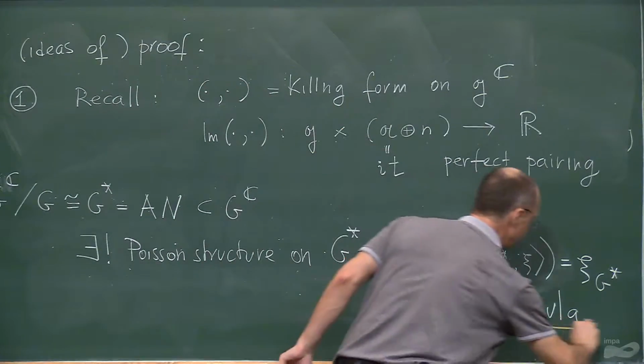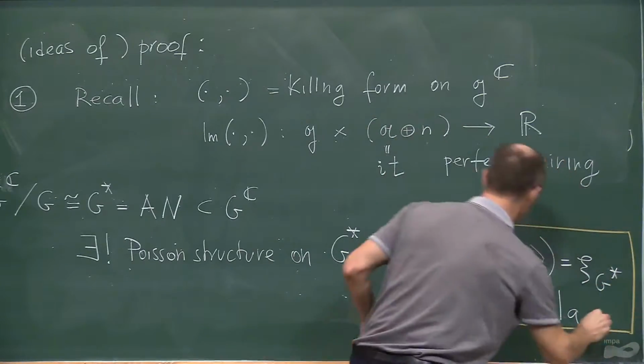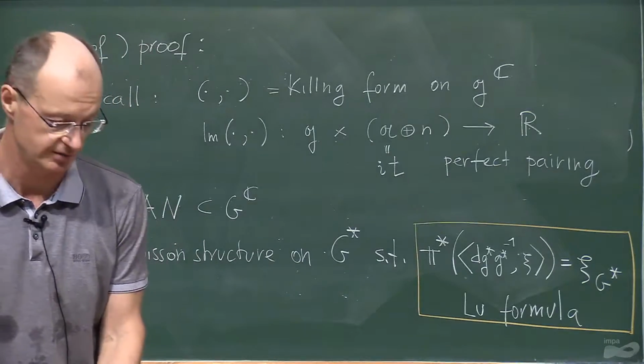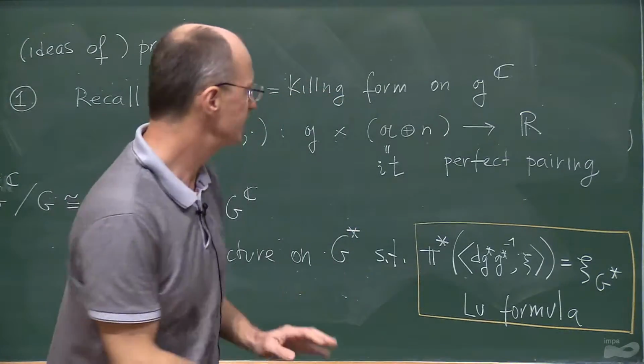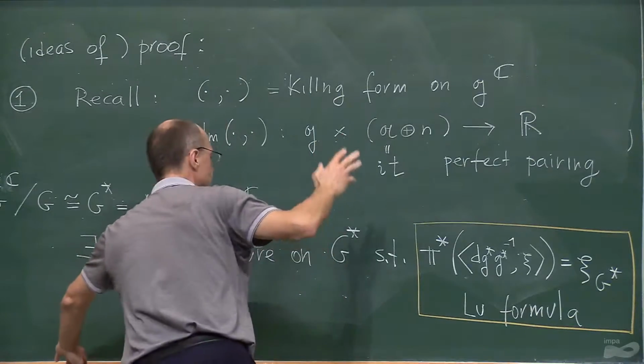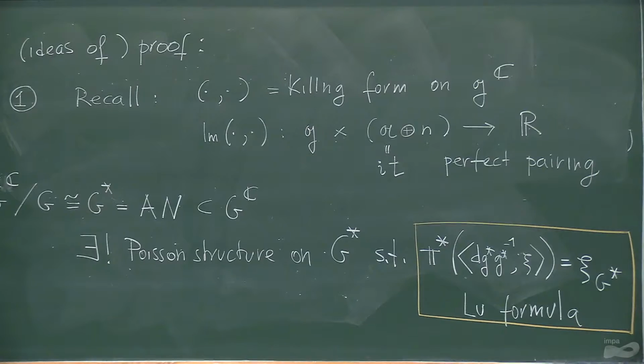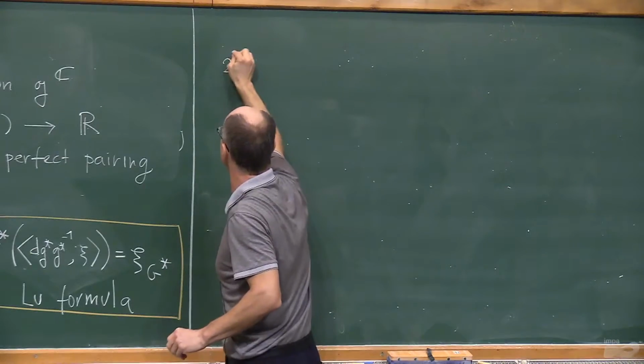And this uniquely defines the Poisson bracket. We'll return to the discussion of that Poisson bracket a little bit. So this is the first thing. There are Poisson Lie groups, and in particular, there are those Poisson spaces that I described here. For each group G, you can define it in this way. Of course, this is somewhat implicit, so we'll have to talk a bit more about those formulas.